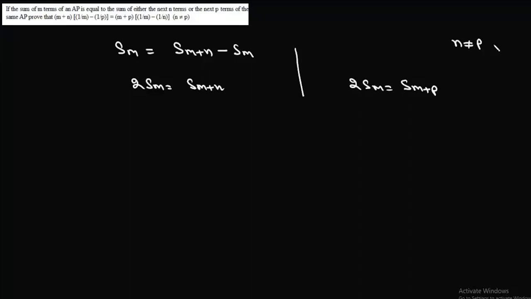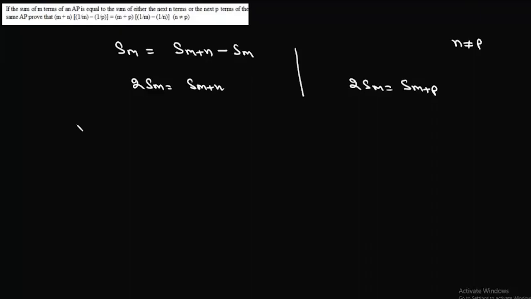Now we can write sum of next n terms as sum of m plus n minus sum of n terms. So it will give us the sum of next n terms. So we can write 2sm will be equal to s m plus n. And we are given that it is also equal to sum of next p terms. So another condition which we have here is 2sm will be equal to s m plus p, where n is unequal to p.